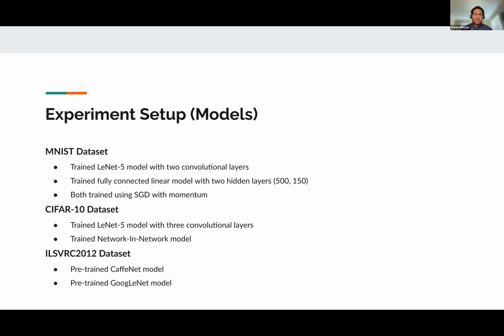Also, the LeNet model was used to train on the CIFAR10 dataset using 3 convolutional layers. And also the Network in Network model was used to train on the CIFAR10 dataset. And they also used the ImageNet dataset with pre-trained CaffeNet and GoogLeNet models.